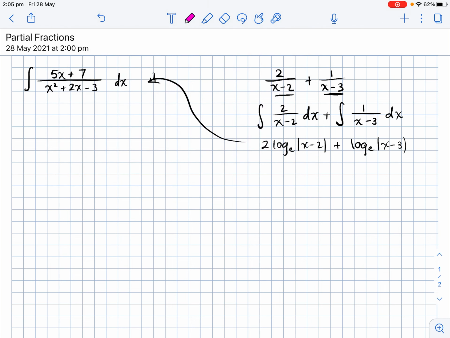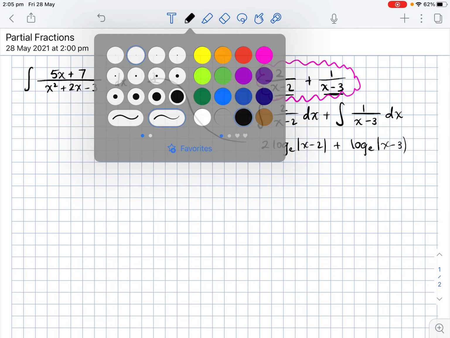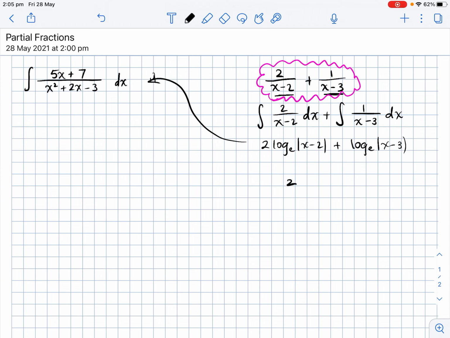Again, let's start with this problem over here. Let's think about what would happen if I got a common denominator. If we have 2 over x minus 2 plus 1 over x minus 3 and I wanted to add these fractions together, I'd have to get a common denominator first.